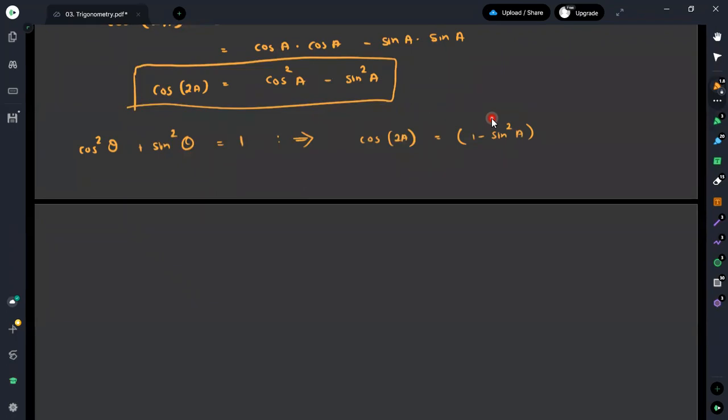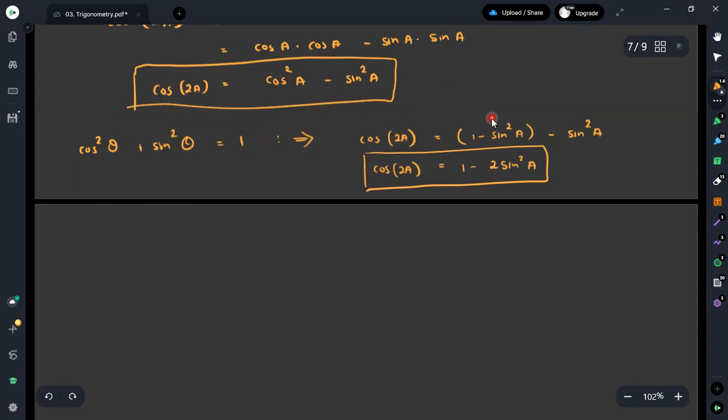Then this part will be 1 minus sine squared A, and then subtract the latter quantity, again sine squared A. This results in cosine 2A equals 1 minus 2 times sine squared A.